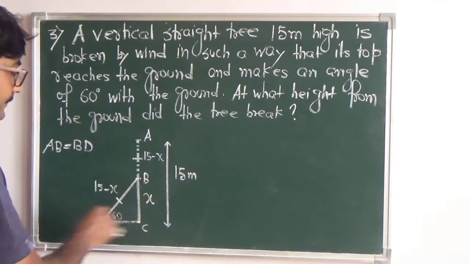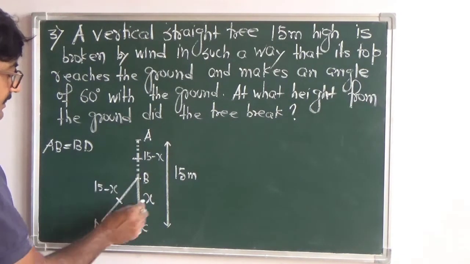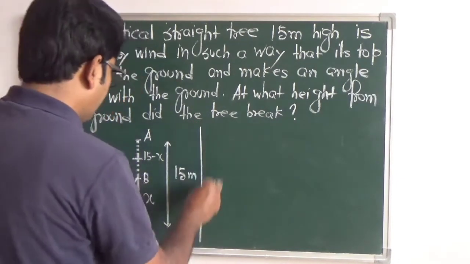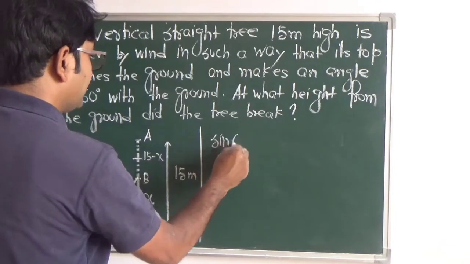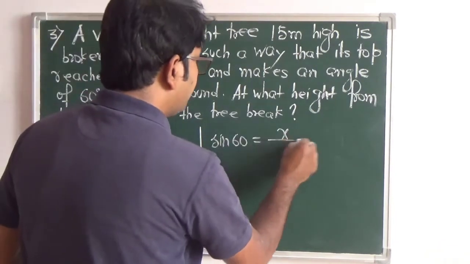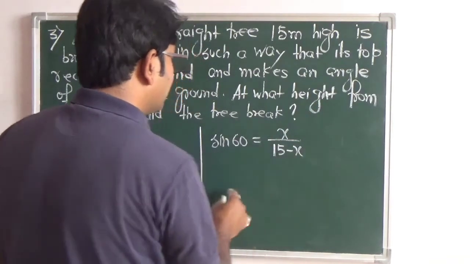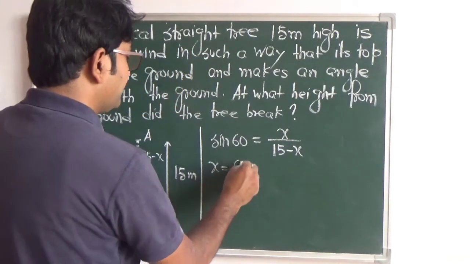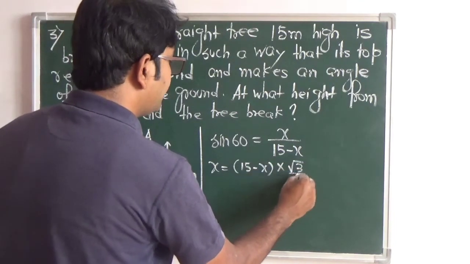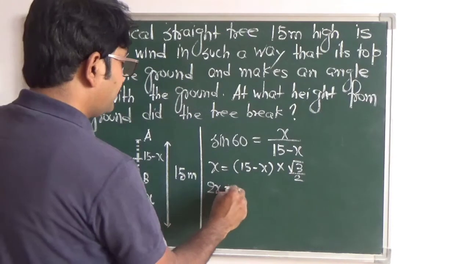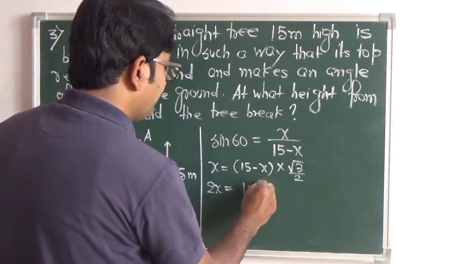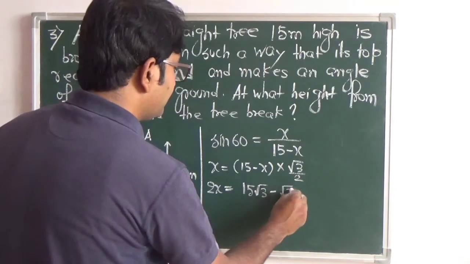So in this triangle, we can apply the ratio. This is perpendicular and this is hypotenuse. So sine ratio is applicable. Sine of 60 degrees equals perpendicular by hypotenuse, that is x by 15 minus x. So sine 60 is root 3 by 2, so we have 2x equals 15 root 3 minus root 3 x.